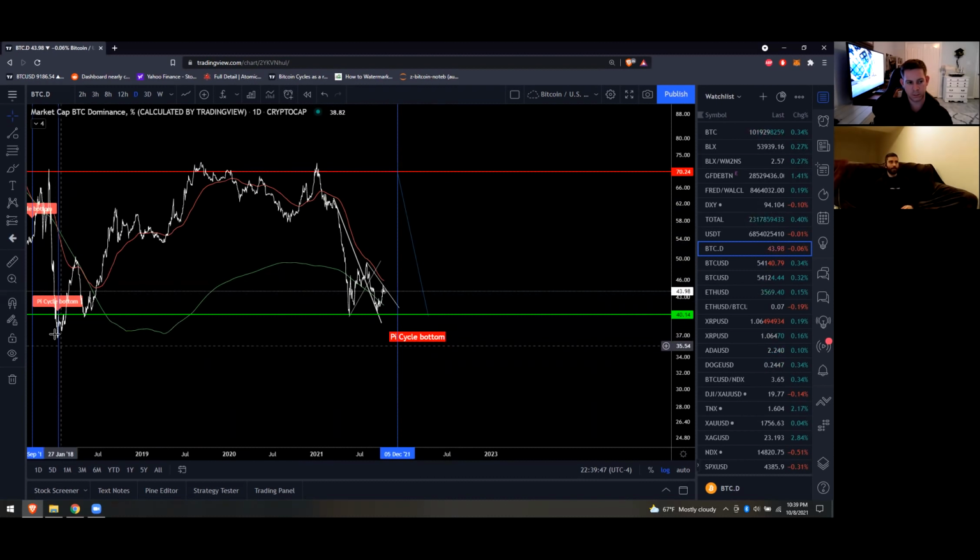I think you might fake out a breakdown from this channel. You could get down here, and this is a descending megaphone, right? Which is super bullish for anybody who holds if it breaks back out, which I'm expecting it to.